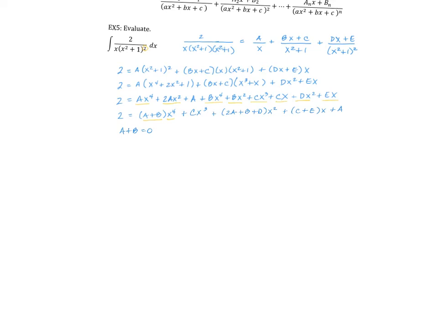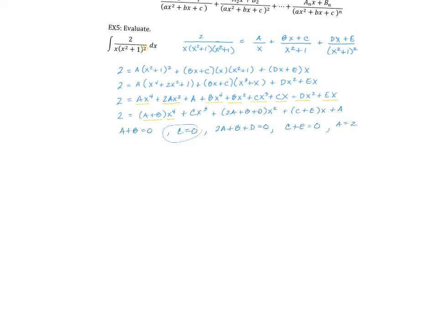But that's nice because I know that c is equal to 0, so at least we have c. And then 2a plus b plus d is equal to 0 because there's no x squared on the left. And then c plus e is also equal to 0. And a is equal to 2.